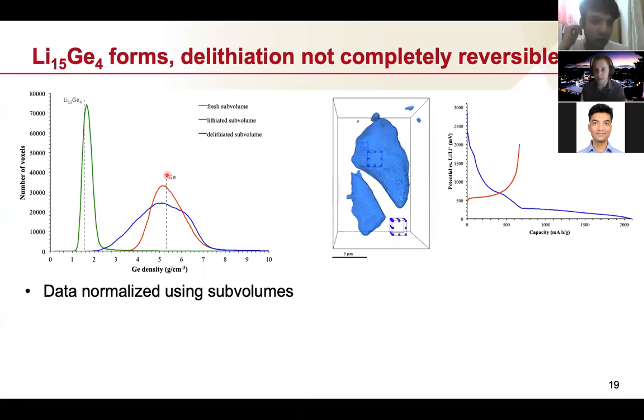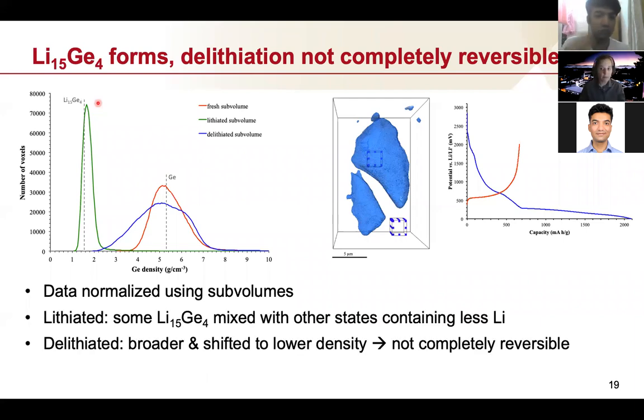So we're insensitive to lithium. So if we're creating pores or if we're adding lithium, we're reducing the density. So we can assume as we're adding lithium, this dashed line here is what we would get if we got Li15Ge4 fully lithiated. So we get near there, but definitely not centered on there.